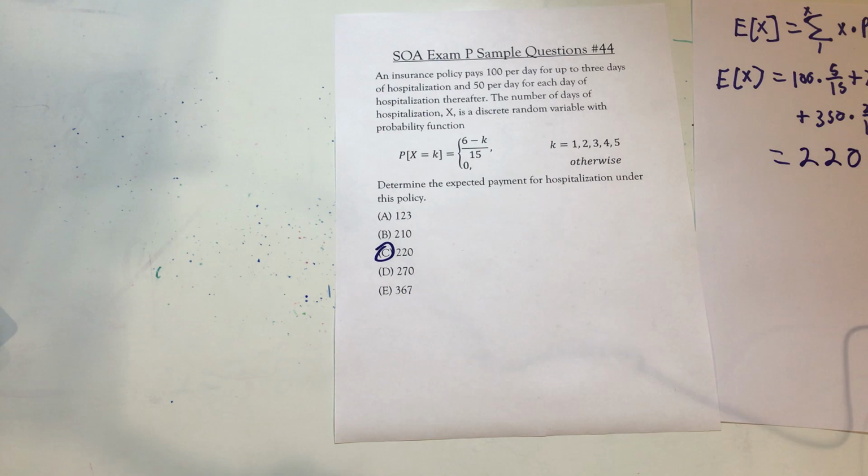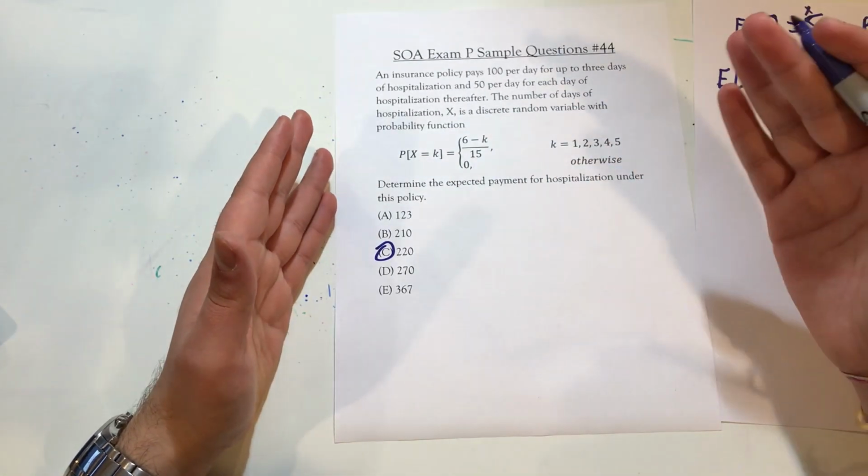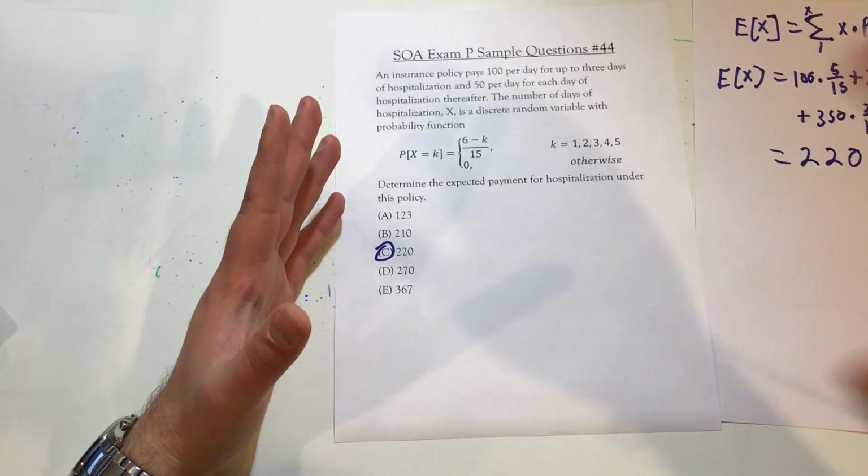So let's get back to what this question is asking of us, right? The question's asking us to calculate the expected value. Expected value is always the sum for discrete, right? For a continuous, it would be an integral.